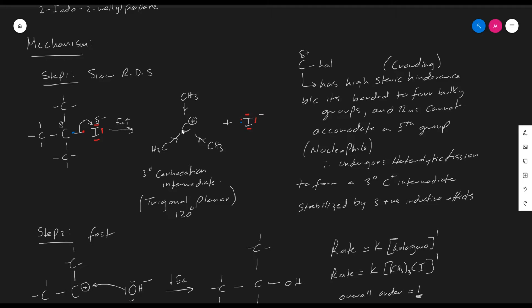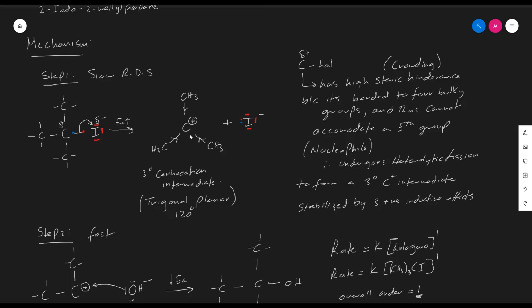Thus, this is a tertiary carbocation because the carbon with a positive charge is surrounded by three alkyl groups. If this were a secondary carbocation, it would only be bonded to two alkyl groups, and thus the stabilization of the carbocation would be less. And also, if it were a primary carbocation in which this carbon was only bonded to one alkyl group, the stabilization would be even less of the positive charge on this carbon atom.